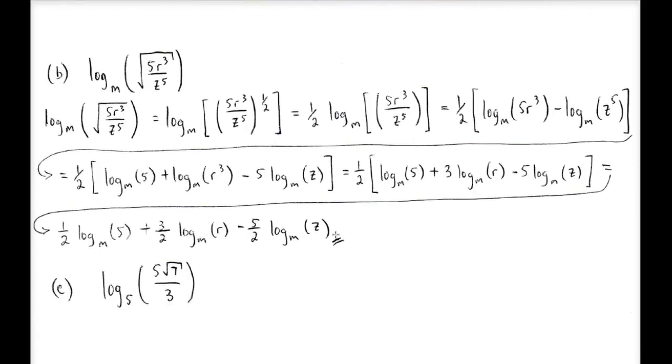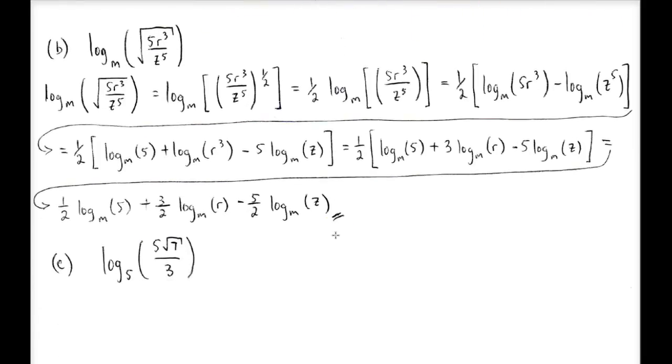For example B, sort of the same thing. We have a little bit more involved, but if we just take it step by step, there's no problem there. So we start off, we see that we have log base m of the square root of 5r cubed divided by z to the 5th.